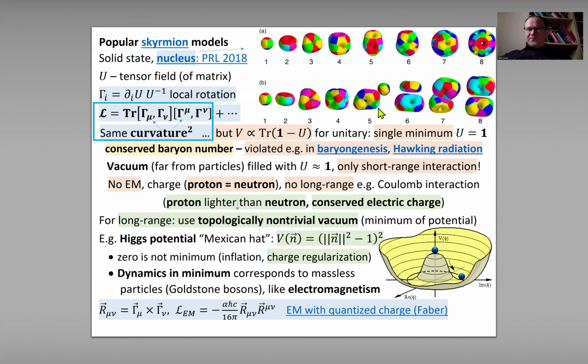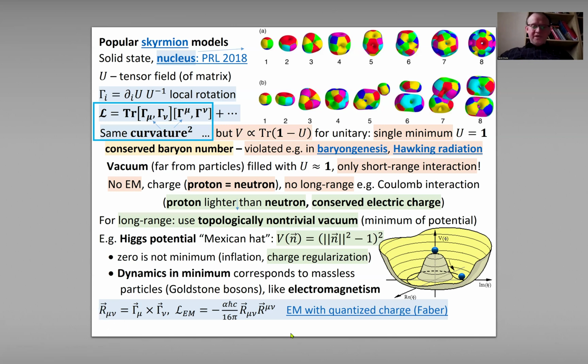So this is one difference in interpretation, but to get a long-range interaction, the Coulomb interaction, we also need to change the potential. So the Skyrme model usually uses a potential with a single minimum, while, as mentioned many times, we need a Higgs-like potential. So that there is a preferred unitary vector, and the interaction of the field rotations gives us electromagnetic interaction, for example the long-range Coulomb interaction. So we literally interpret curvature as that.